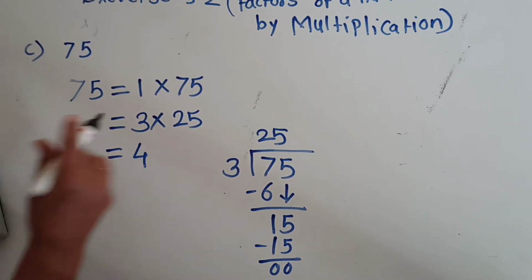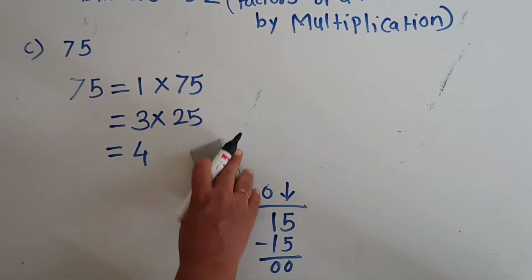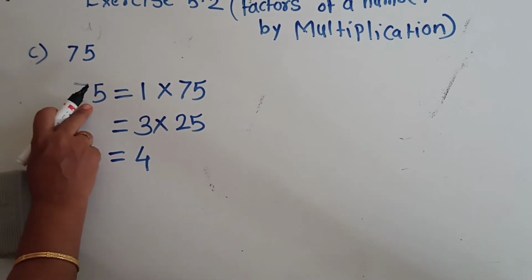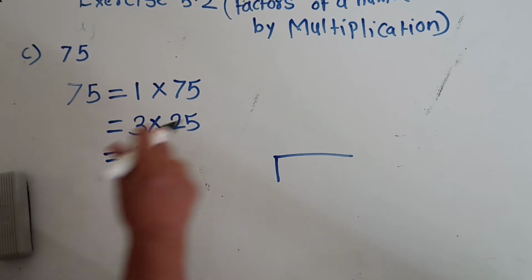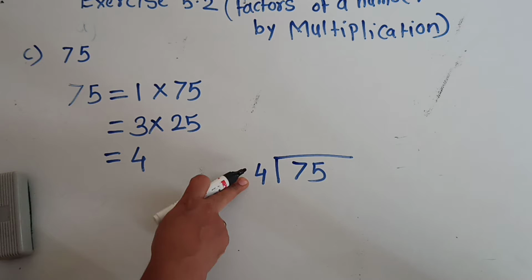Now 4, yes, 4 is an even number, and this 75 has an odd number in the ones place, 5 is an odd number. But let's see, 75 divided by 4. Is it divisible or not?